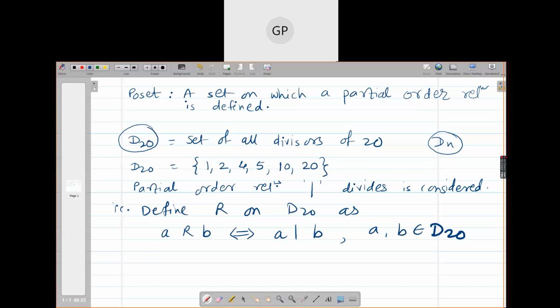Please remember this. Now here 1 divides every number. 1 divides 2, 1 divides 4, 1 divides 1 of course. So we have already seen what kind of relation divides is. Tell me, it is a partial order relation, this divides relation, yes or no?